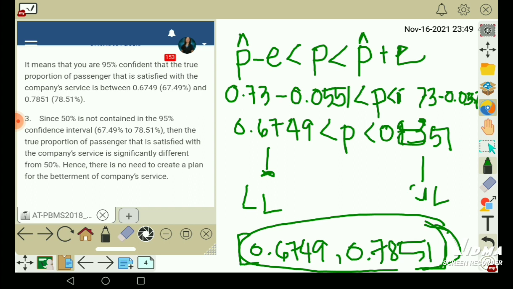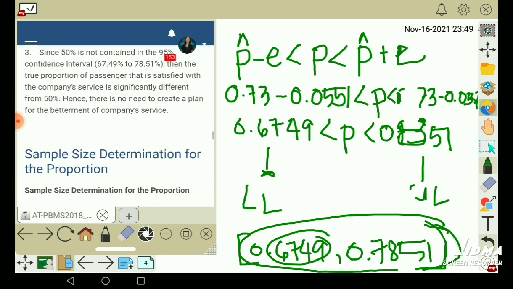Okay, so again, we are looking at whether there is no significant difference. But this time, since 50% is not included in our proportion interval, because that is below 67.49%, there is no need to create a plan for the betterment of company service, since it is more than the 50% which we are looking for to check if there is a need for betterment for the company.